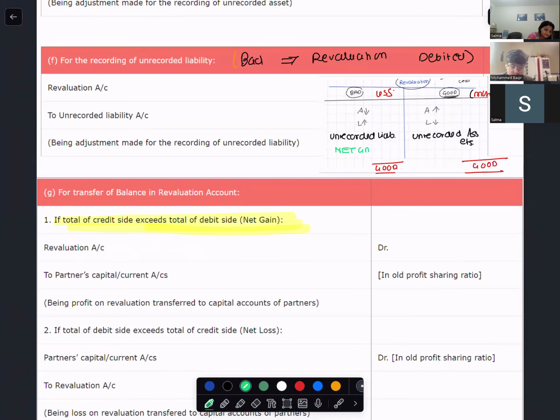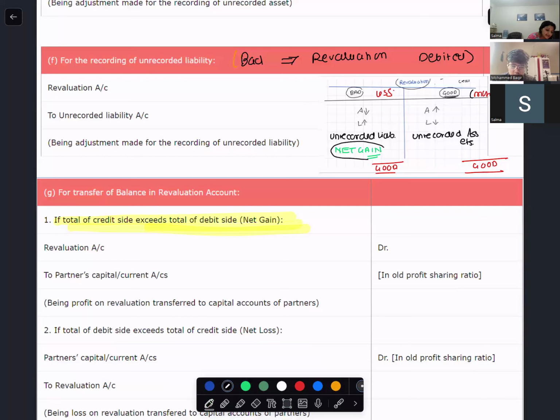If you have a gain, whose account will it go to? The assets and liabilities belong to the old partners, so any profit or loss due to revaluation will go to the partners' capital or current account, distributed in their old profit sharing ratio.